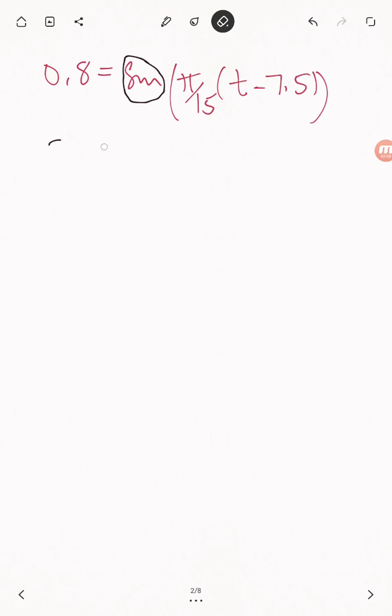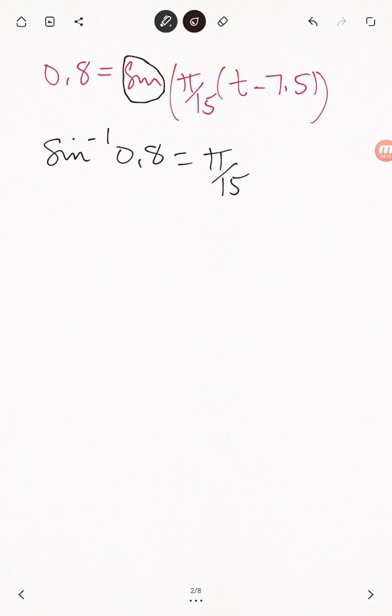Whoops. Let me fix that. That looked like an M. Sine inverse of the other side, which is 0.8, and that's going to be equal to pi over 15 times t minus 7.5, because now we've undone the sine on the right hand side, so it's gone.